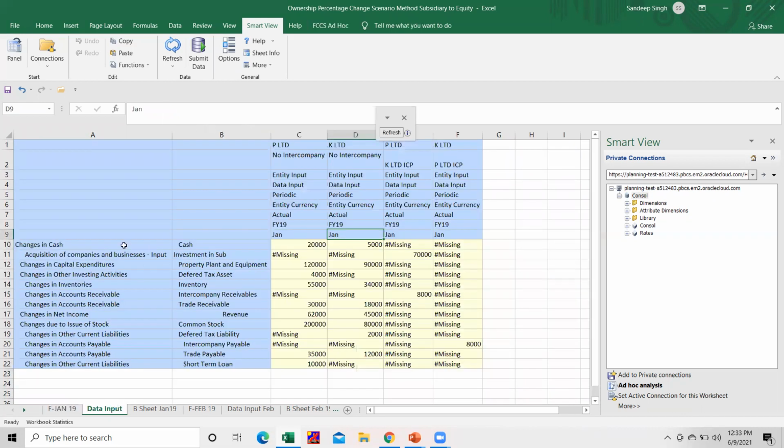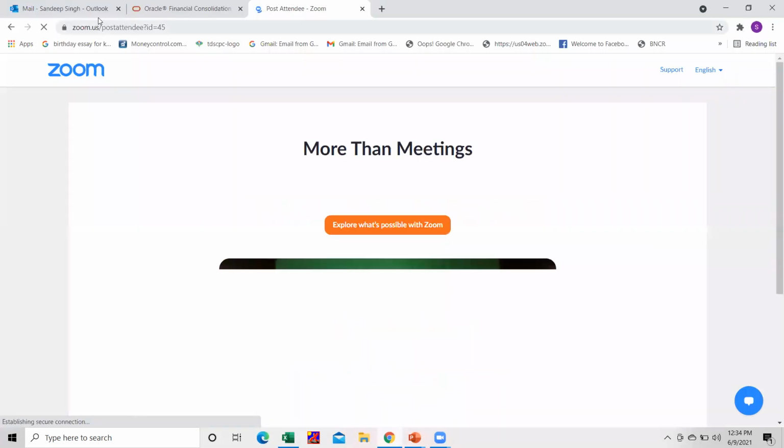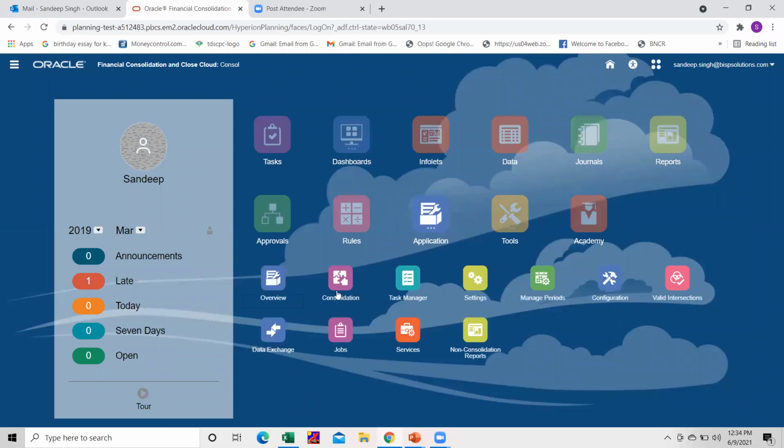According to the trial balance, I have inputted those numbers for the parent and subsidiary through Smart View, and after inputting the numbers, I have run the consolidation rule. So let's see in Manage Ownership how I have defined the ownership percentages.